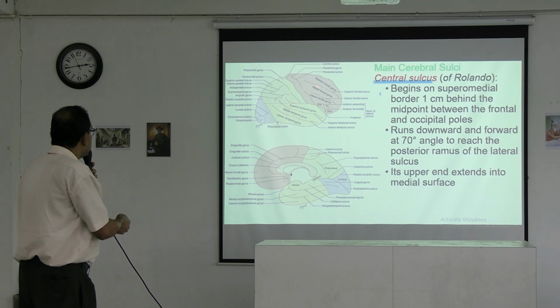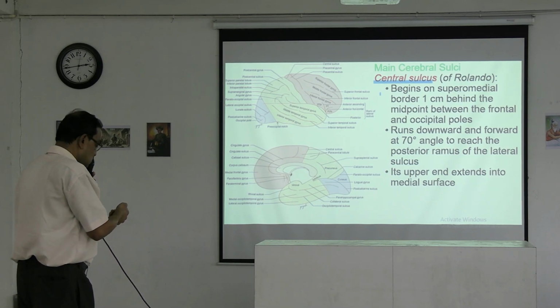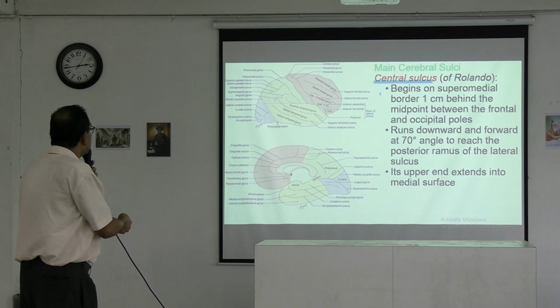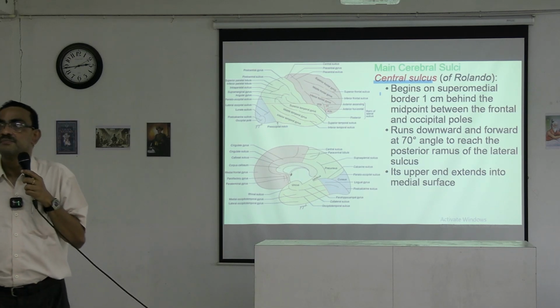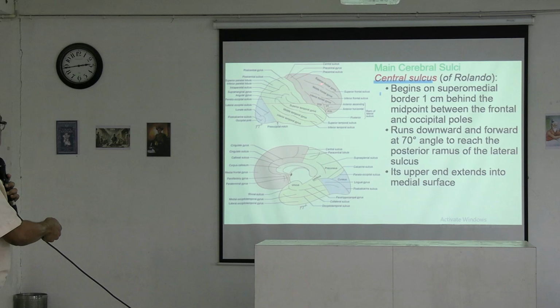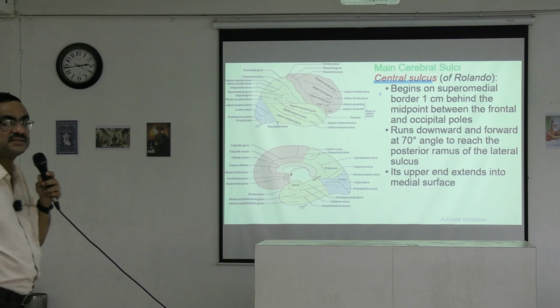This is called the superior frontal sulcus and this is called the inferior frontal sulcus. So they divide this frontal lobe into 3 gyri. This is the superior frontal gyrus, middle frontal gyrus and inferior frontal gyrus.